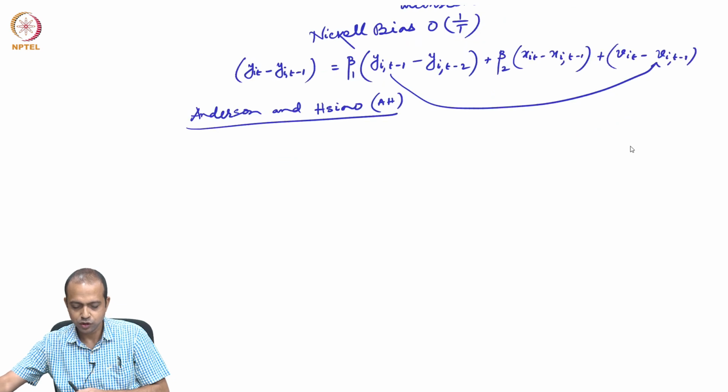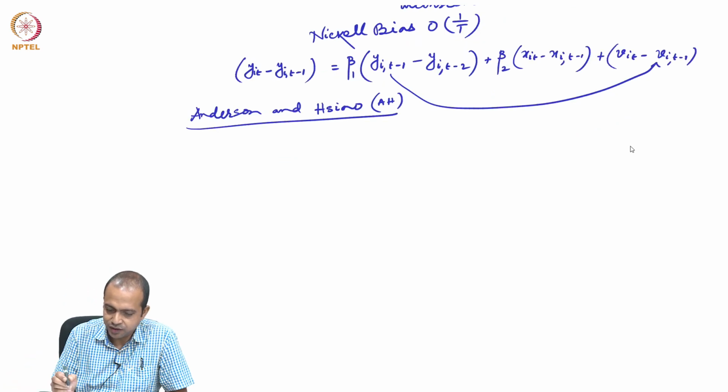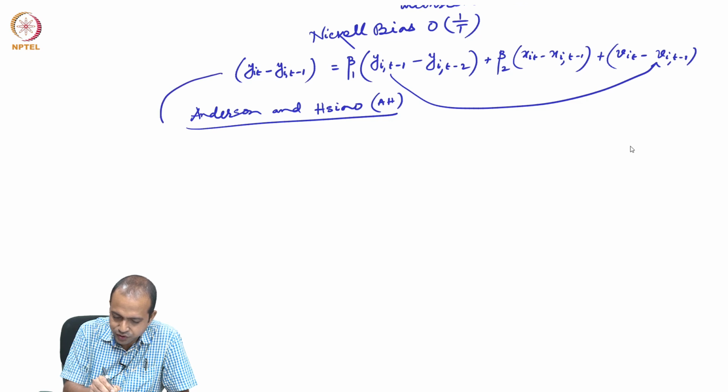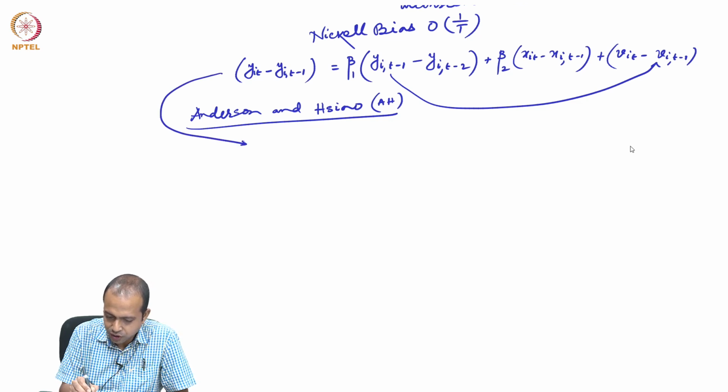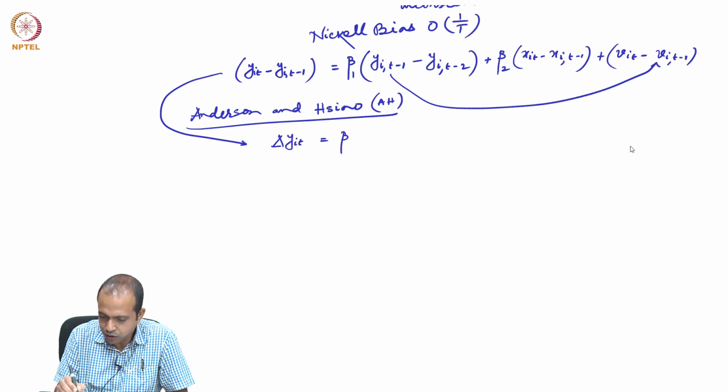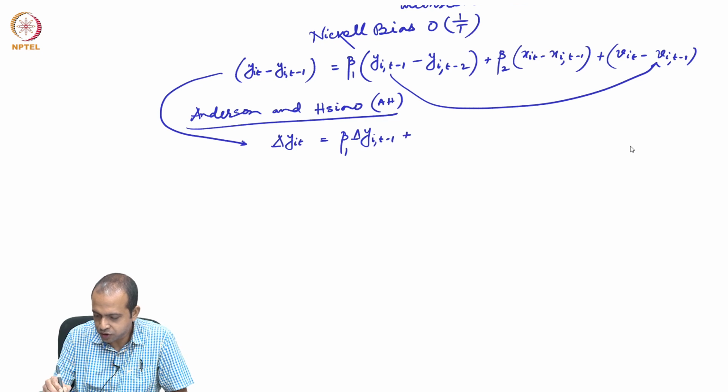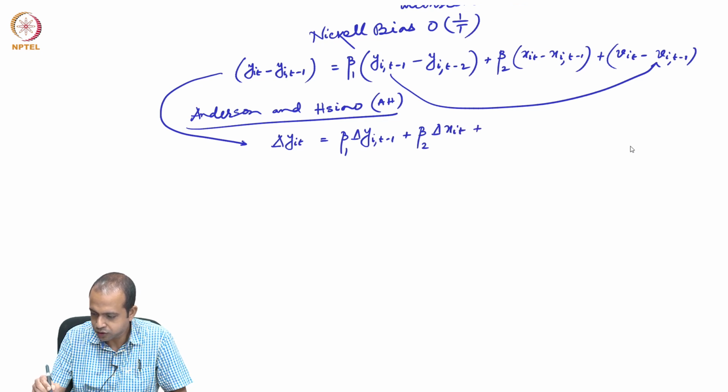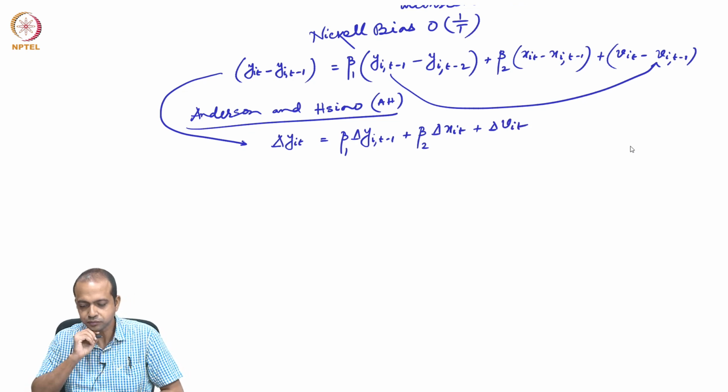Anderson and Hsieh say that this model turns out to be delta YIT equals beta 1 delta YIT minus 1 plus beta 2 delta XIT plus delta VIT.